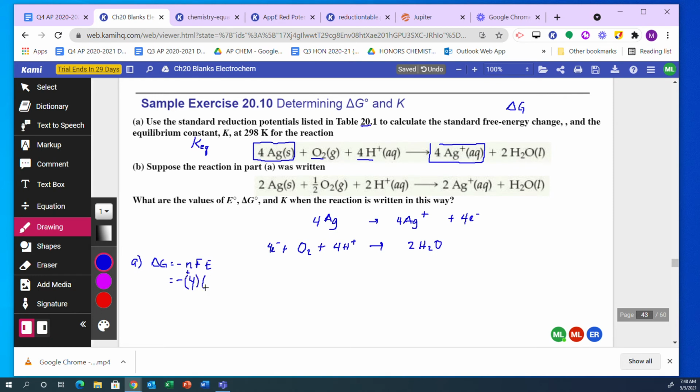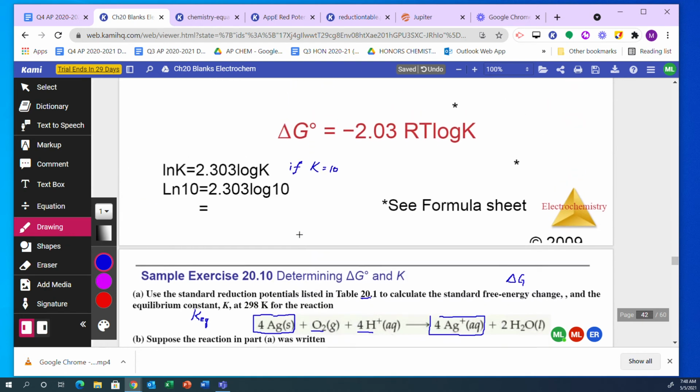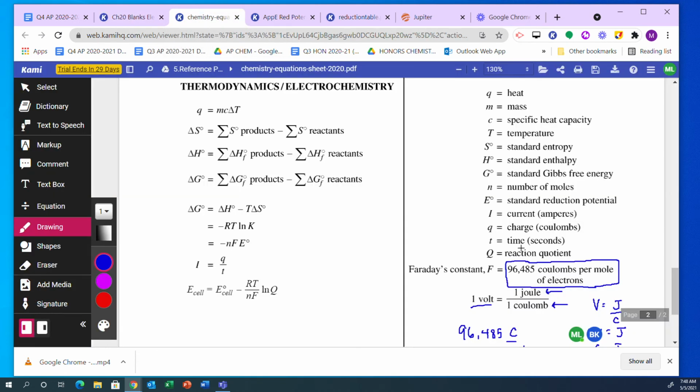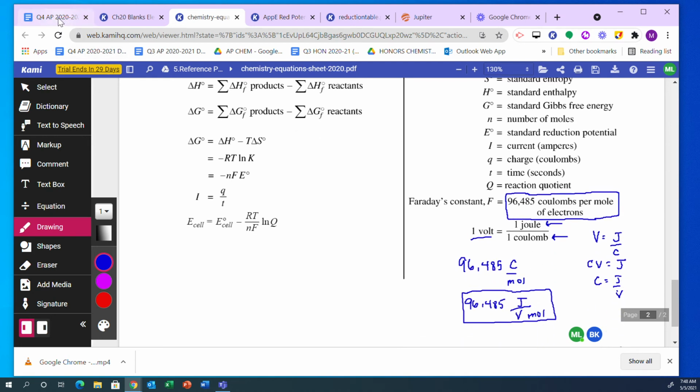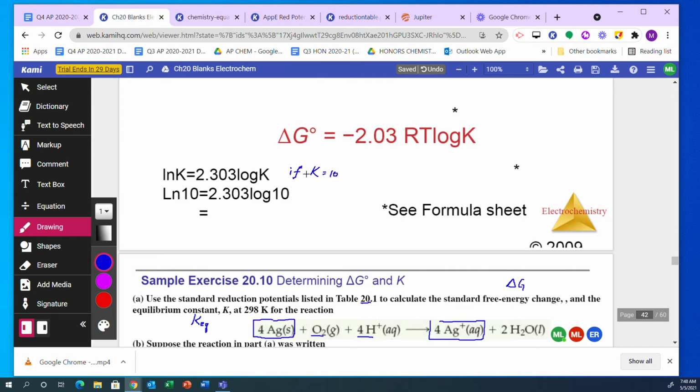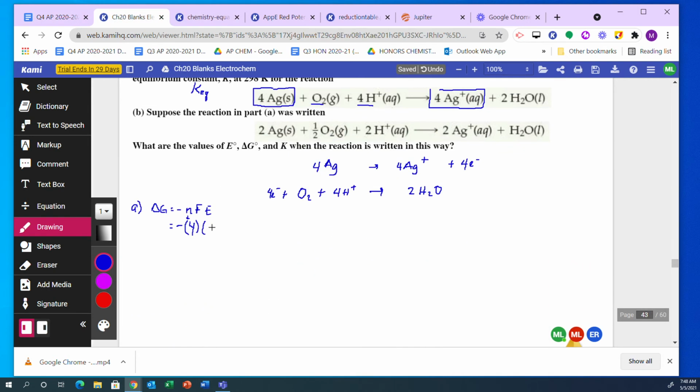Then I'm going to plug in Faraday's constant, which we saw to be 96,485, and I'm going to use J over V mole. And all I have to do now is just get the cell potential of this. To do that, I have to look it up in the chart. So let's see, silver to silver plus 1.